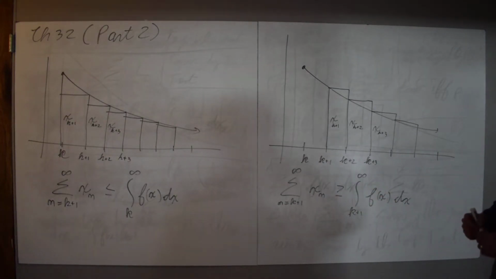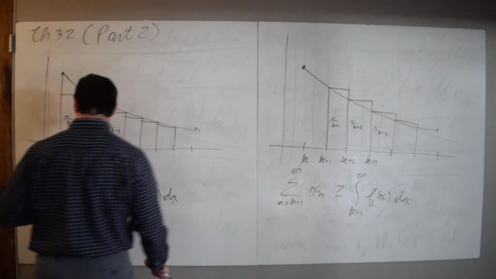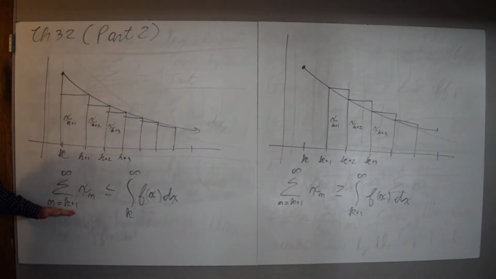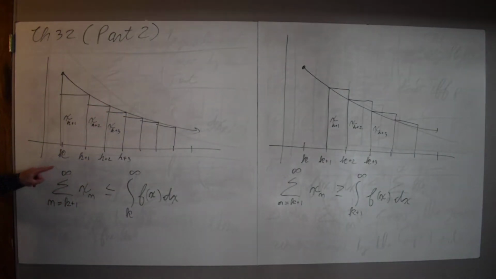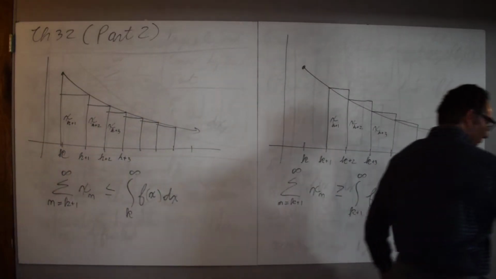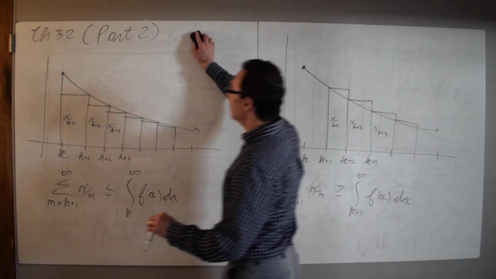So now what these two things tell us is that we have an upper bound and a lower bound for the sum from k plus 1 to infinity. This gives us an inequality.